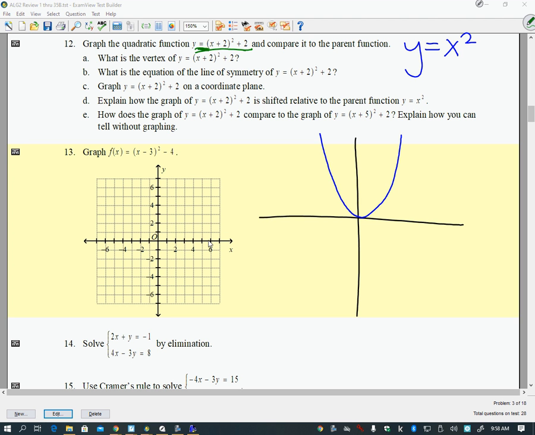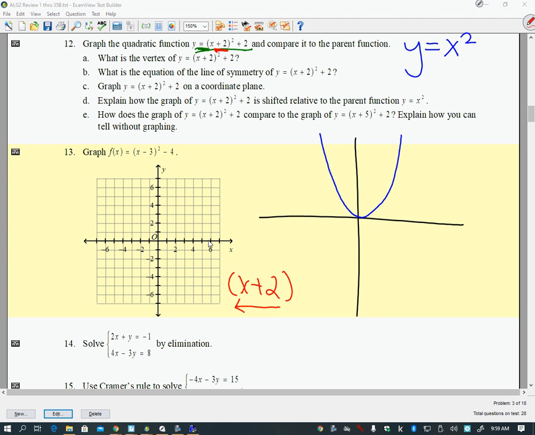Now, this plus 2 here is counterintuitive. With the x being plus 2, that means it's going to go to the left 2. You remember when we were working with scientific notation, if I go to the right, we are subtracting, and if we go to the left, we're adding.